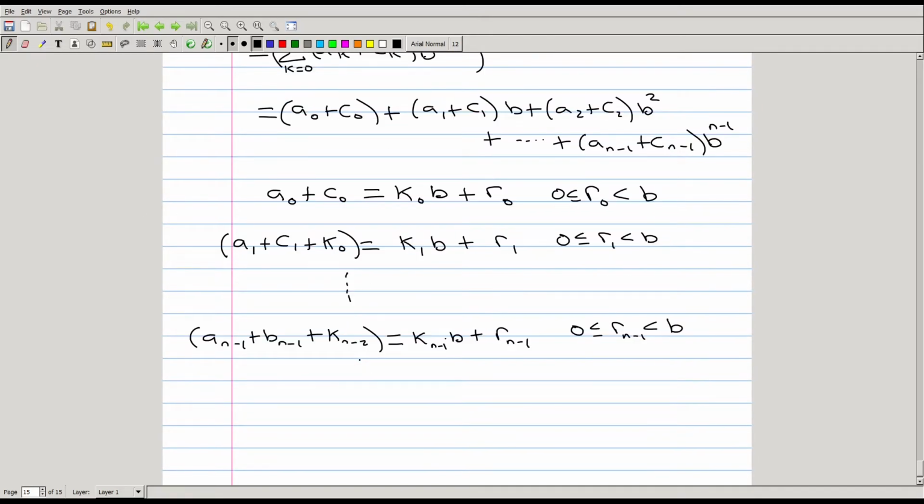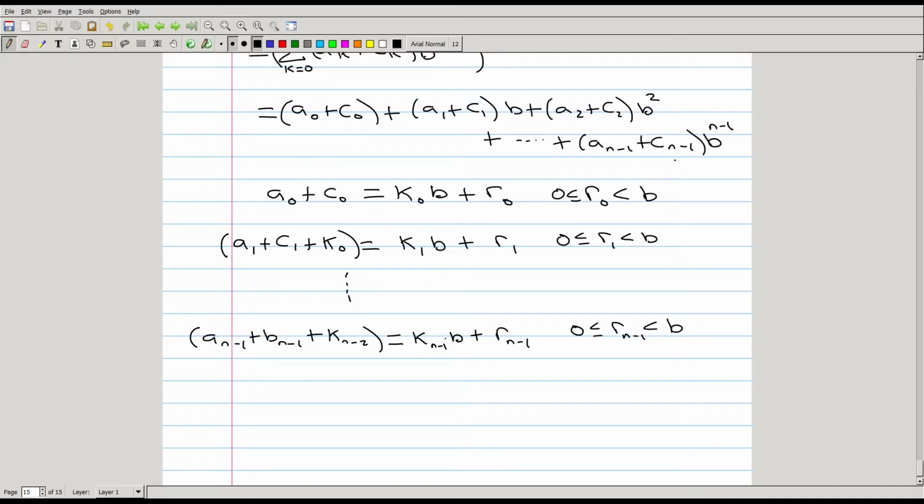But depending on this value k_{n-1}, which is the remainder term that gets carried over all the way up to this last term right here, it could be greater than b.